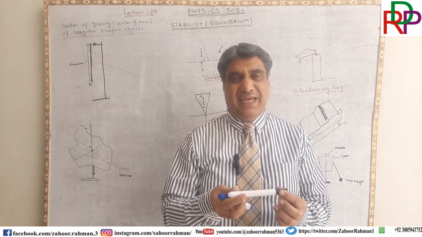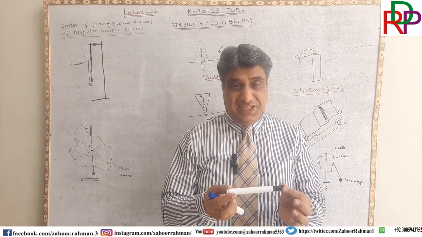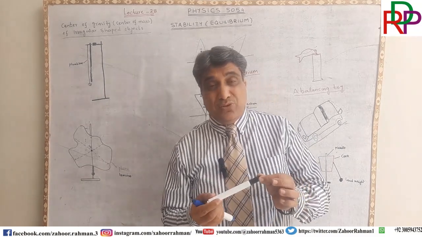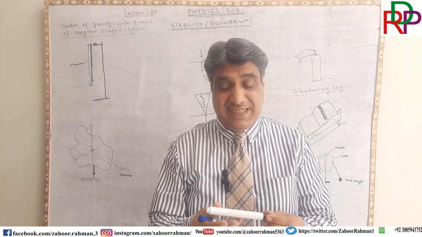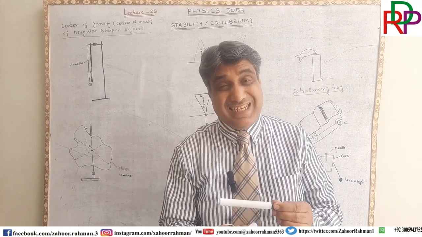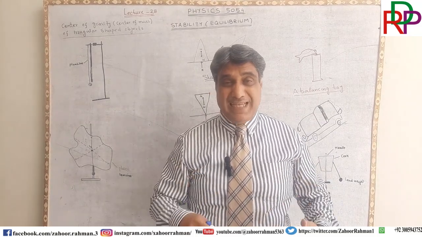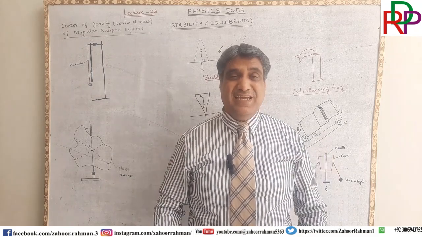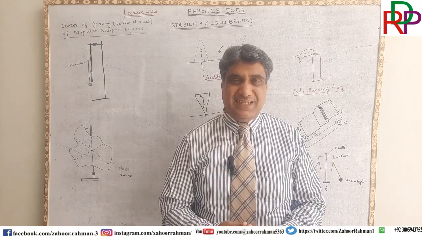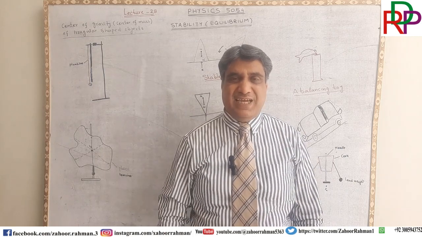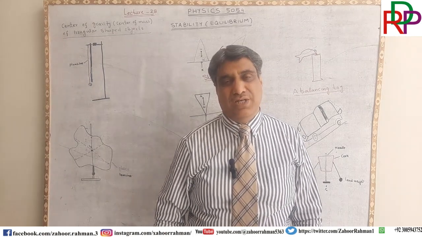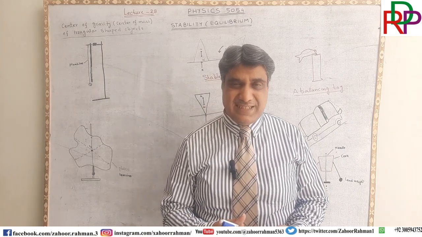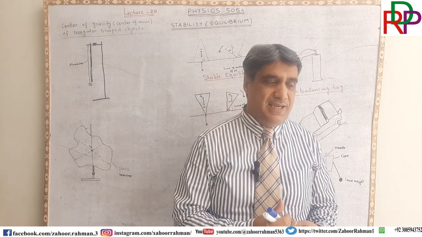They have a stick in their hand, and through this stick they balance the body against the gravity acting on them downward. So that is also an example of stability.